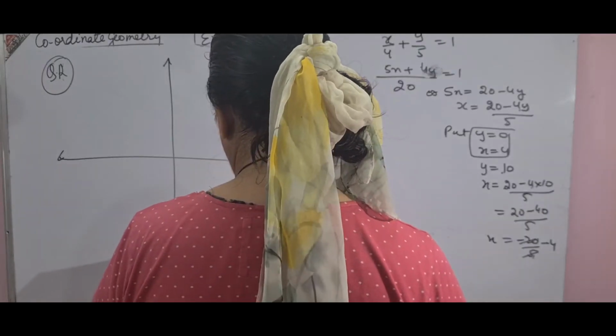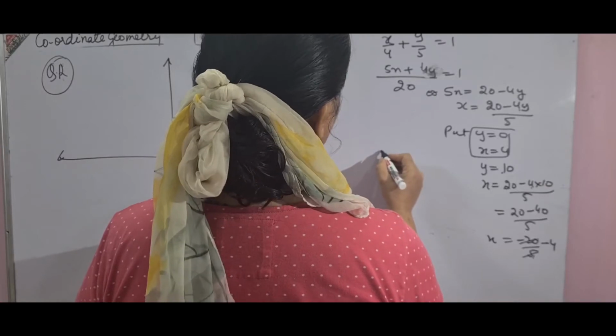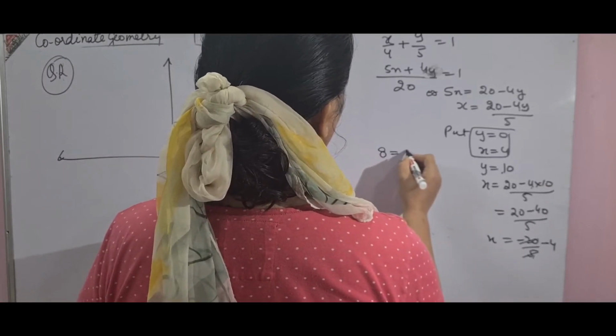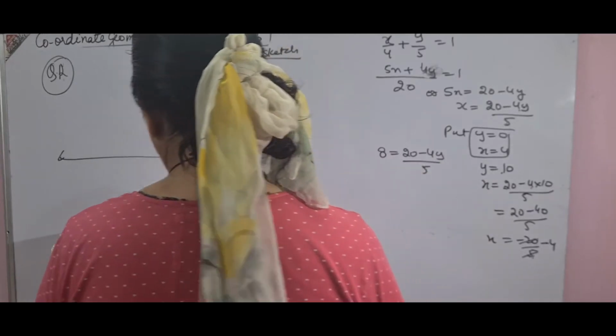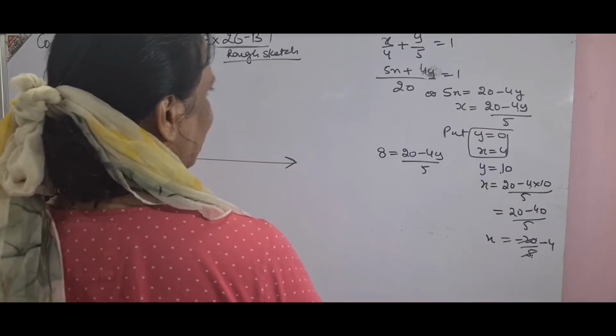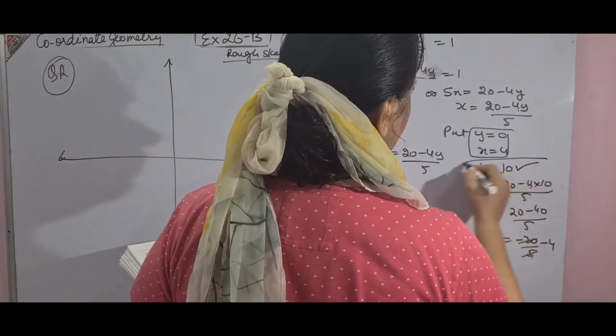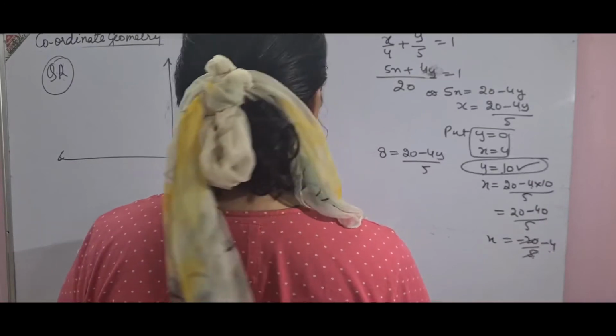And third, they have given the value of y when x is equal to 8. So the third, you do that. Put x is equal to 8. As they have given in question number 12, the first point is to find x1, the value of x when y was 10. So I put y is equal to 10 and got the answer. And second is y1, the value of y when x is equal to 8.